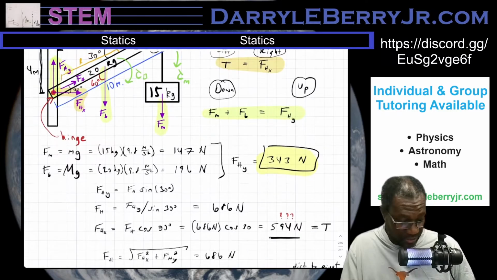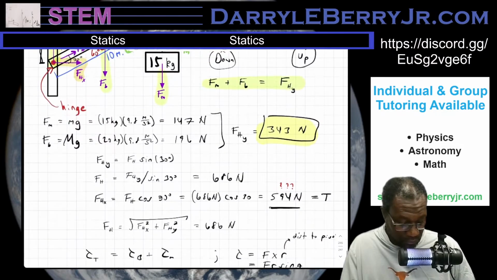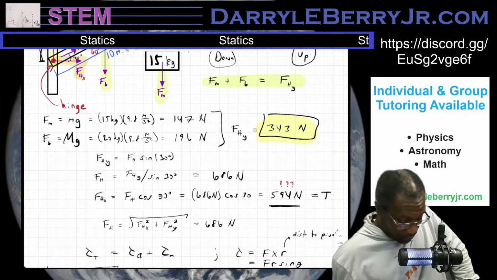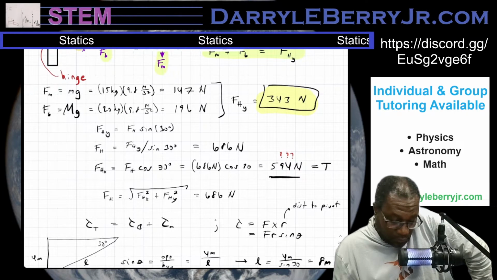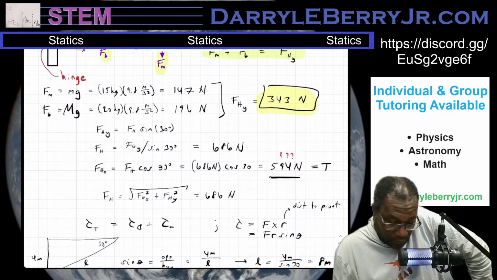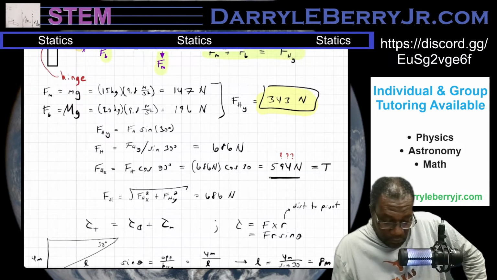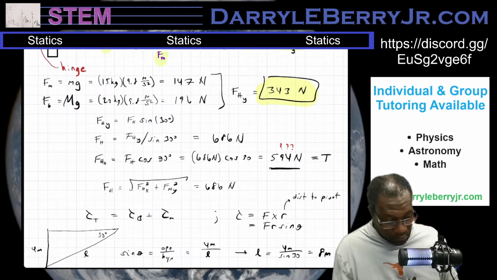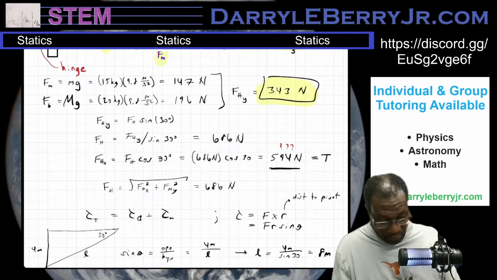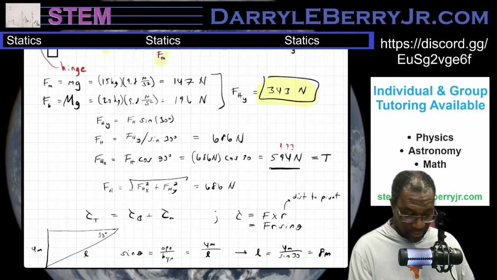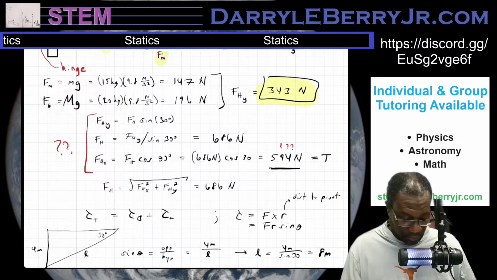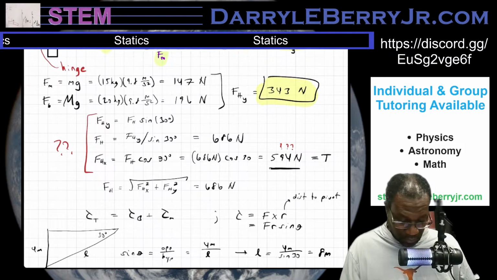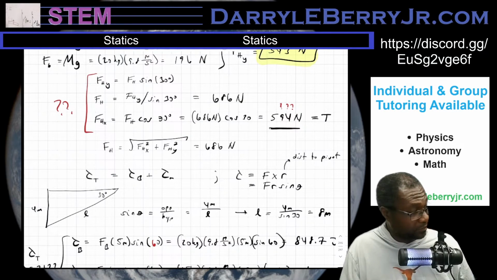I think it's Fh sine 30. So this seems to not work to get the full Fh. It's the only thing I could imagine at this point.